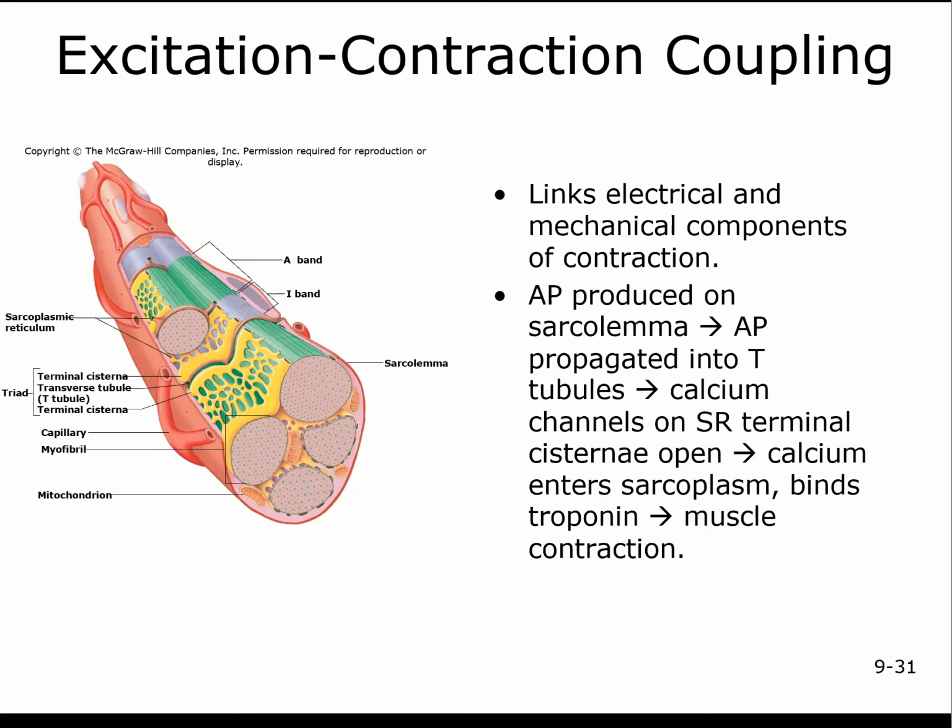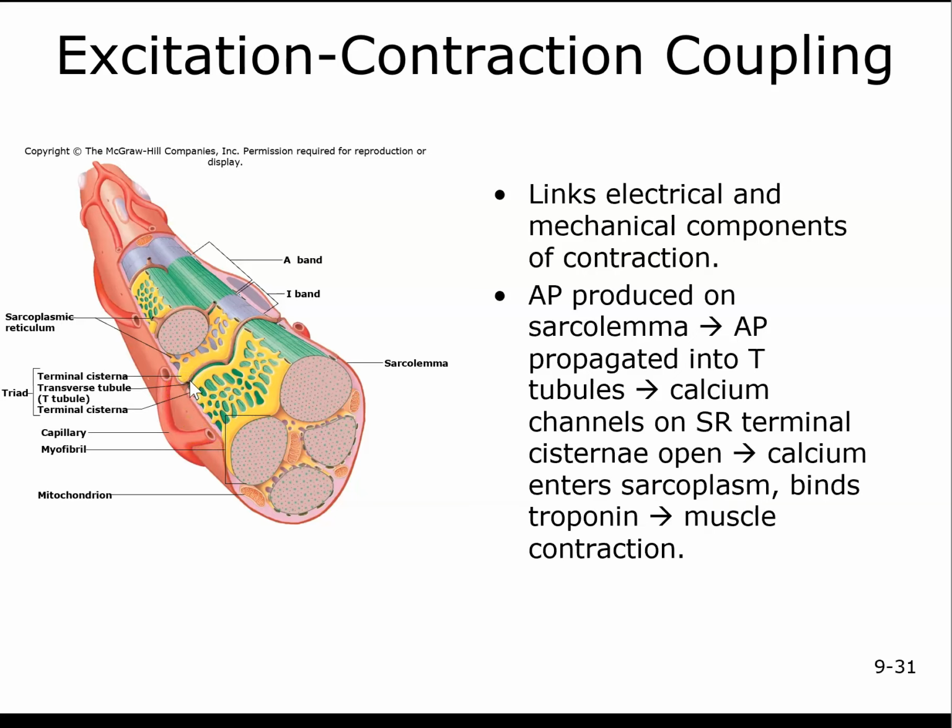The action potential that was sent from the neuron over to the sarcolemma of our muscle will then propagate into our T-tubules. So let's say we have a neuron that would be over here. That action potential is propagating along the sarcolemma and reaches our T-tubule.